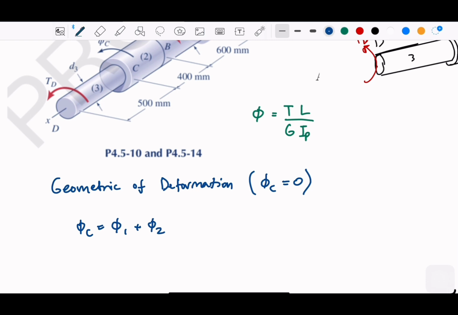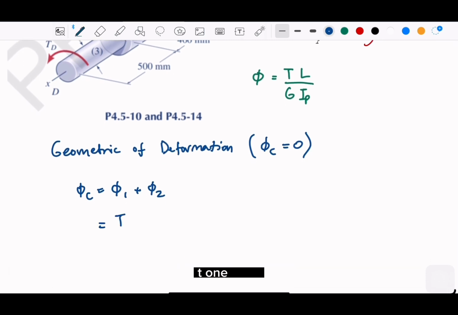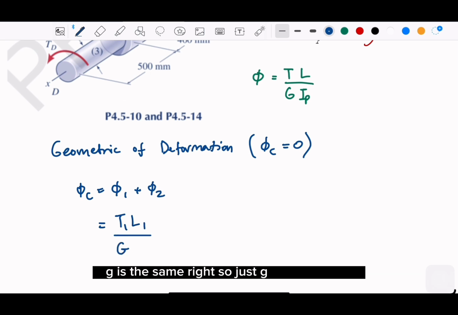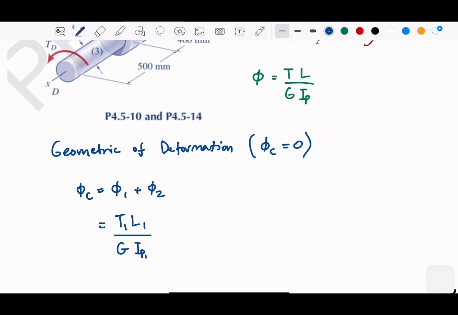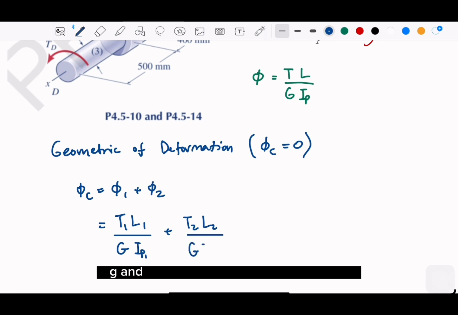So we can write T1, L1, G is the same, right? So just G, and then inertia 1, and then plus T2, L2, G, and inertia 2, which is the same, right?